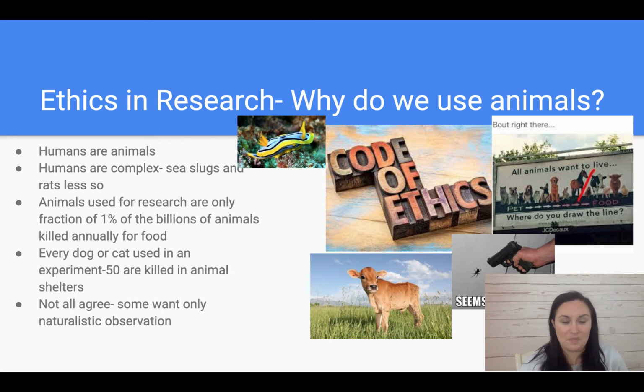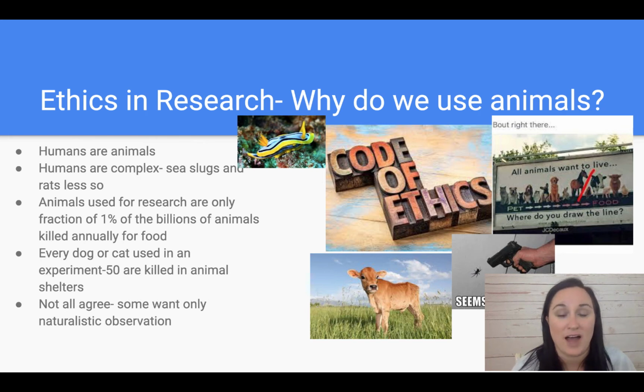And there are some other arguments that the text lays out as to why people believe that it is justified. They talk about how research animals are only a fraction of the 1% of the billions of animals who are killed annually for food.